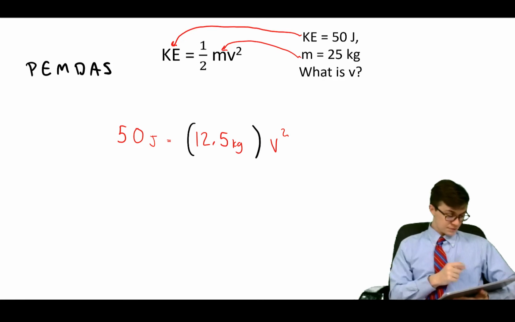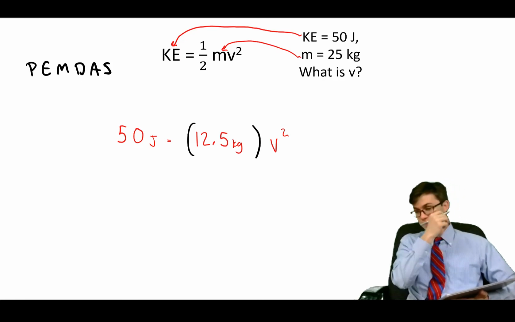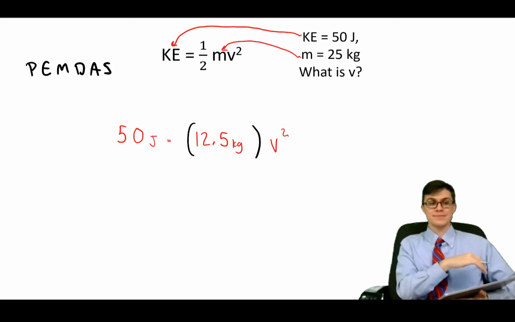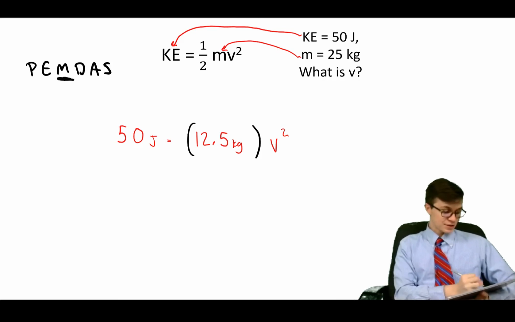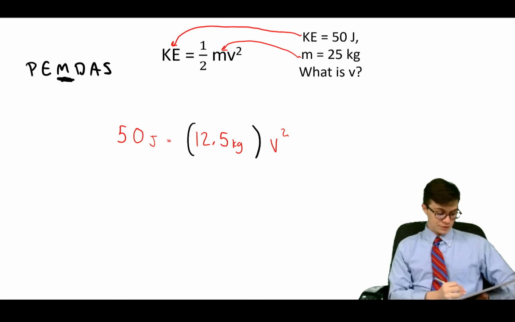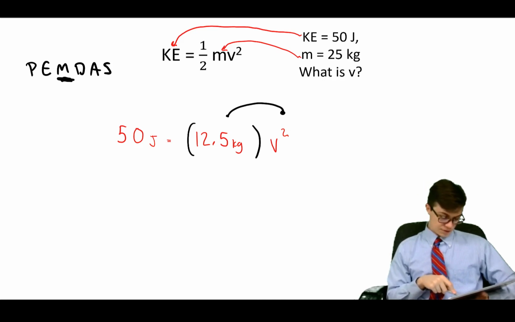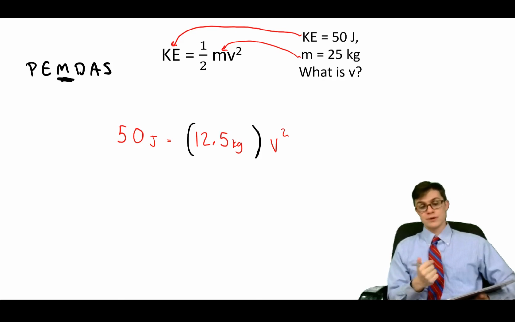So, I have that V squared, so I can do a square root, but you got to be careful because algebra is actually PEMDAS backwards. That's how you do the order. Arithmetic is PEMDAS forward when there's no variables, but when there's variables, you do it backwards. So I still actually have a multiplication going on right here. I have 12.5 times V squared, because this is V squared. It's one block. So basically, I need to get rid of that 12.5 before I can do the square root.